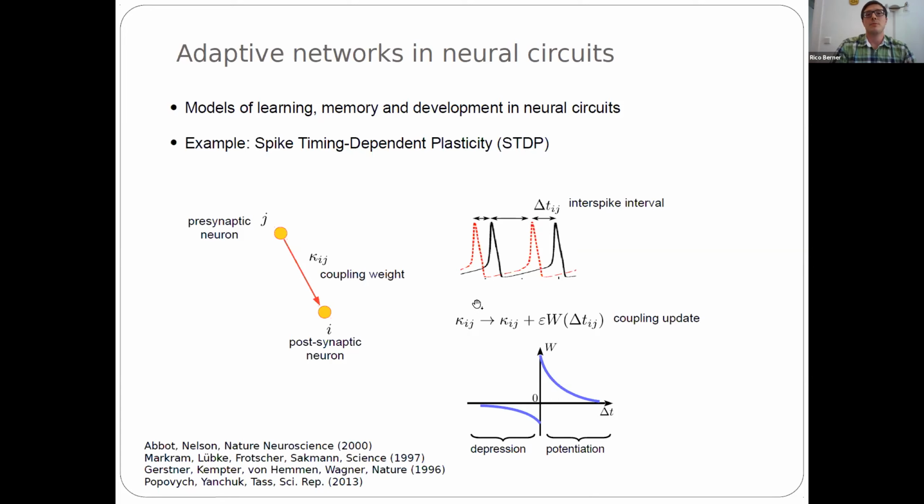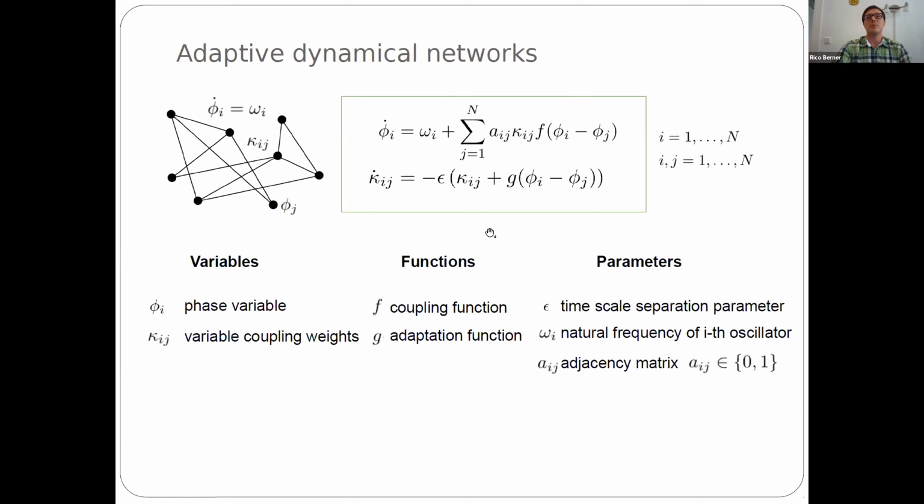For the rest of this talk, we go one step back and consider a very simple model based on so-called phase oscillators. Let's consider a network of phase oscillators where each phase oscillator is given by a phase between 0 and 2 pi.